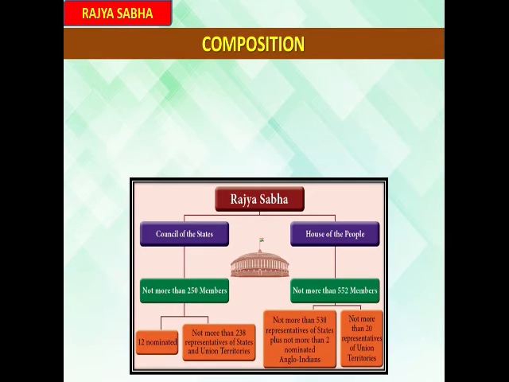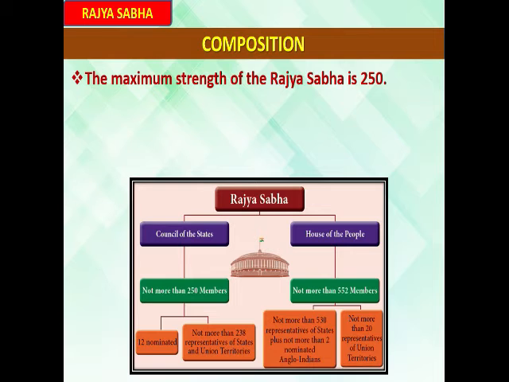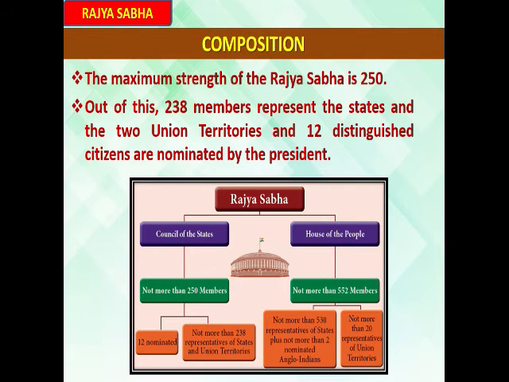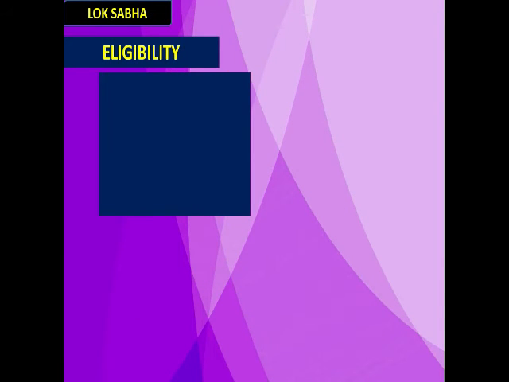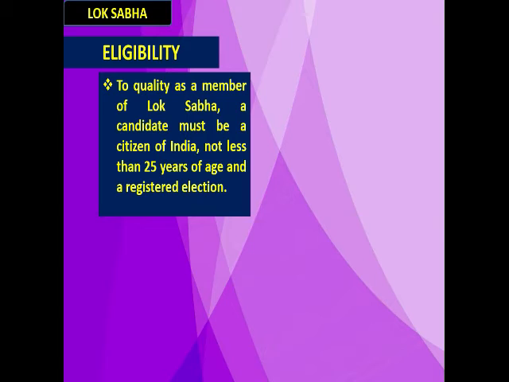Okay, and let's see about the composition of the Rajya Sabha. The maximum strength of the Rajya Sabha is 250 members, and out of this, 238 members represent the states and the union territories, and 12 distinguished citizens are nominated by the president. So what is the eligibility for the Lok Sabha members? To qualify as a member of the Lok Sabha, a candidate must be a citizen of India, not less than 25 years of age, and a registered voter.